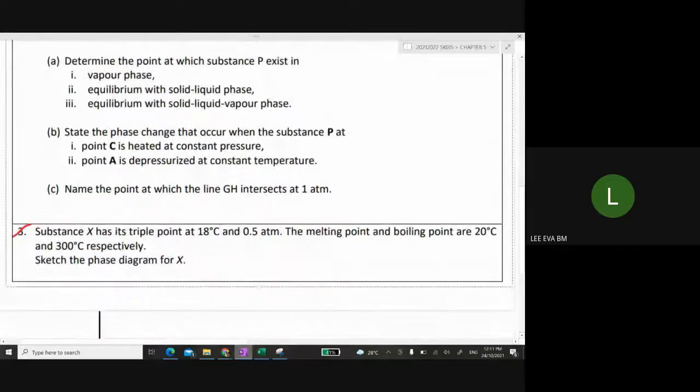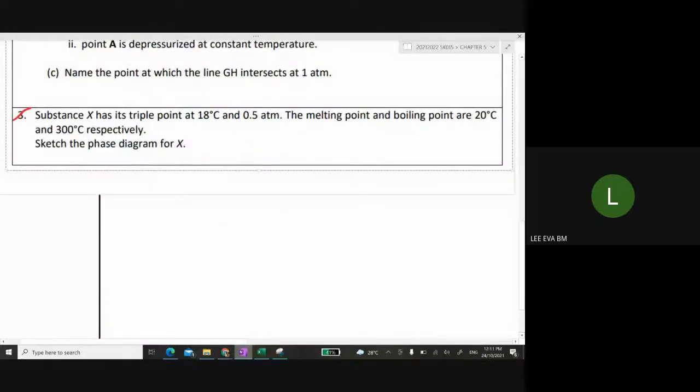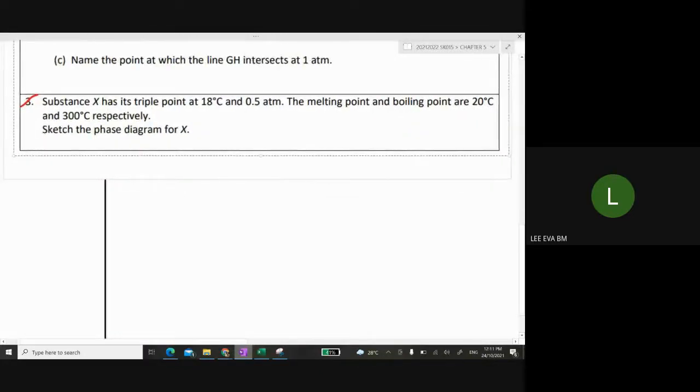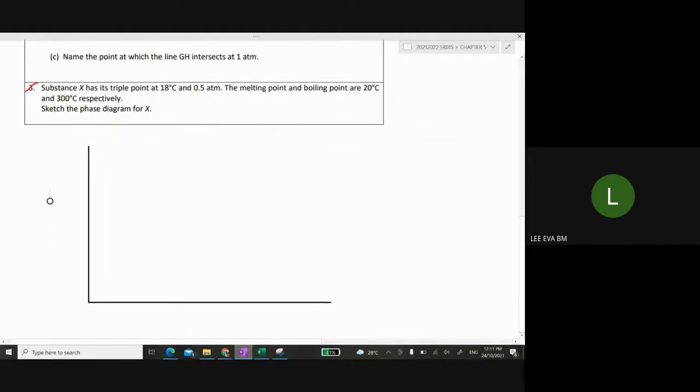So we try to sketch one phase diagram using this example. You can sketch together with me using a piece of paper or straight away below the questions. Let's sketch together. Given in the questions, we have substance X with a triple point. Let us highlight substance X. We have no idea whether it is a common substance like carbon dioxide or the anomalous H2O.